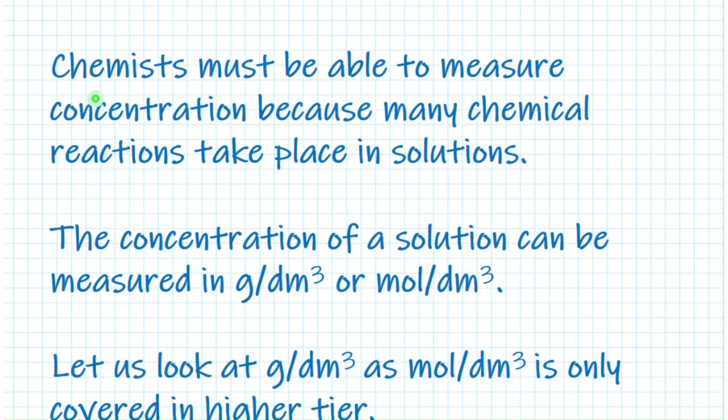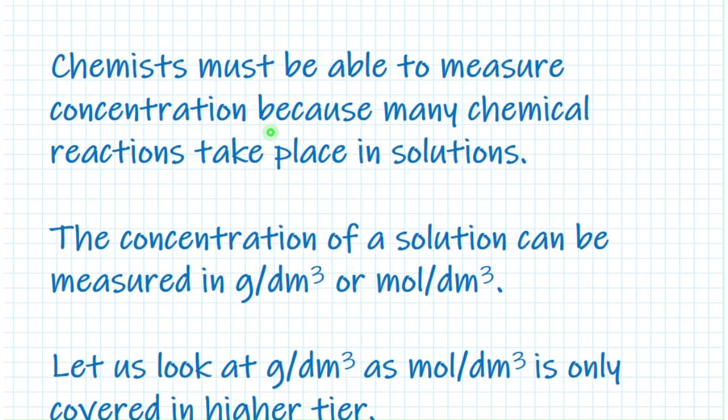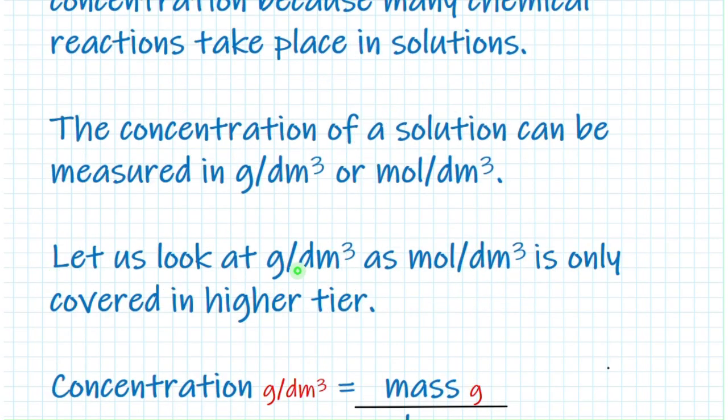Now, chemists must be able to measure concentration because many chemical reactions take place in solutions. So the concentration of a solution is measured in grams per decimeter cubed or moles per decimeter cubed. So let's look at grams per decimeter cubed, as moles per decimeter cubed is only covered in the higher tier.